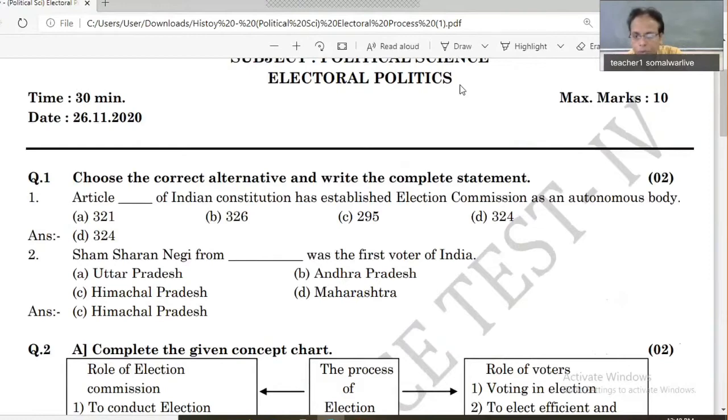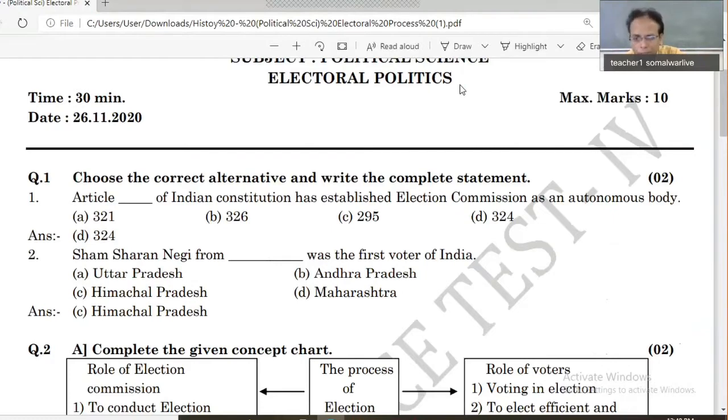Suppose the question is: Article dash of Indian Constitution has established election commission as an autonomous body, and you write only the answer, 324. No, you need to write: Article 324 of Indian Constitution has established Election Commission as an autonomous body, and then you underline the answer portion.